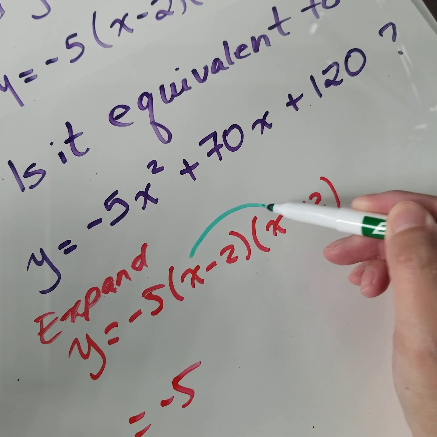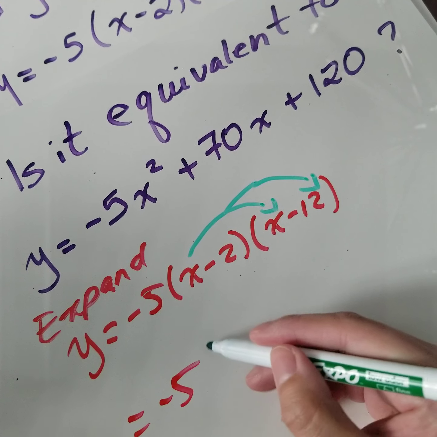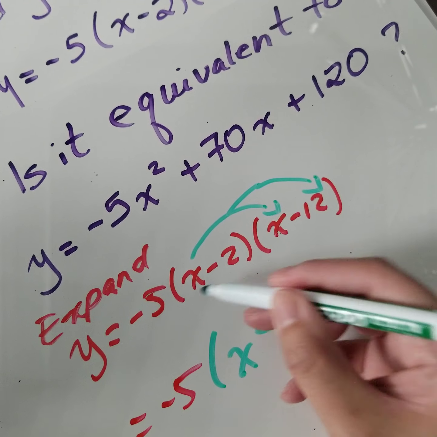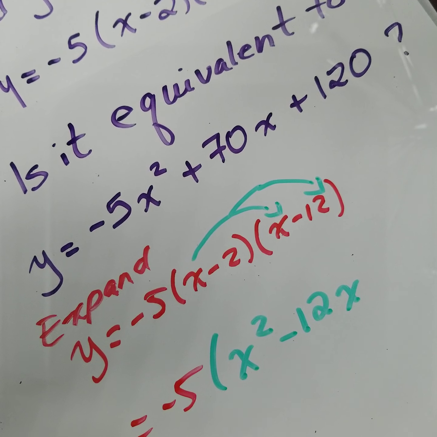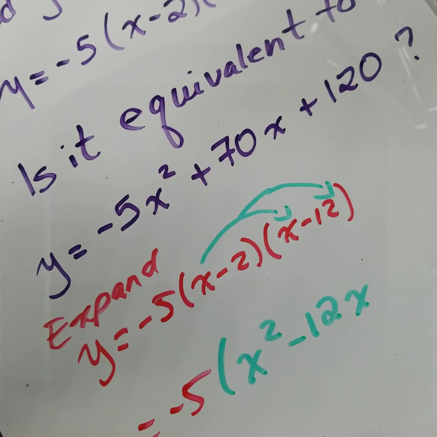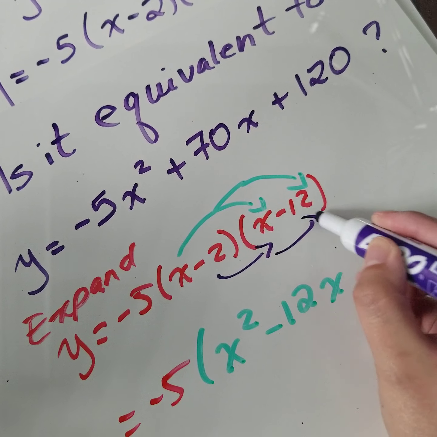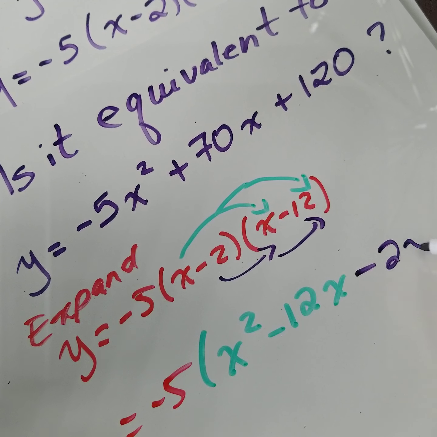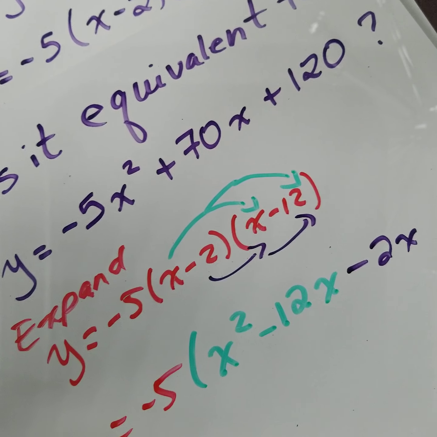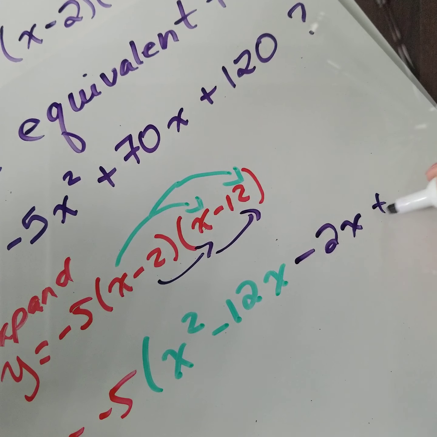So this is me, hi mom, hi dad. So x times x gives me x squared. x times -12 is -12x. And then my brother is going to say the same thing. He says, hi mom, hi dad. So -2 times x is -2x. And -2 times -12 is going to be +24.